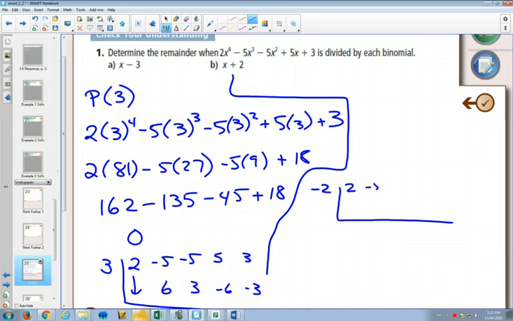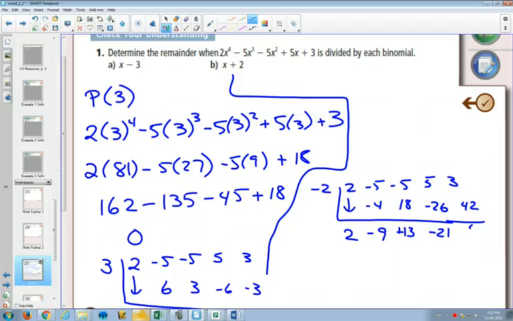Again, it's 2, negative 5, 5, 3. Bring that down, negative 4, negative 9, 18, plus 13, negative 26. See, this time the numbers got bigger. This time we got a remainder of 45. So what do we know? We know that this is not a factor.